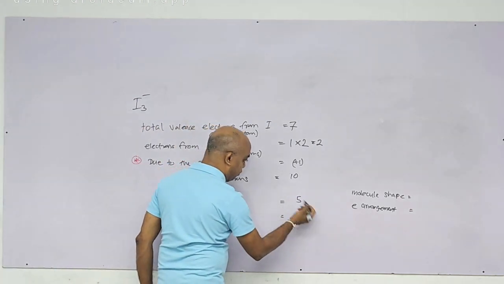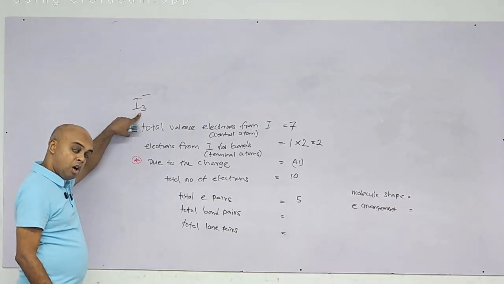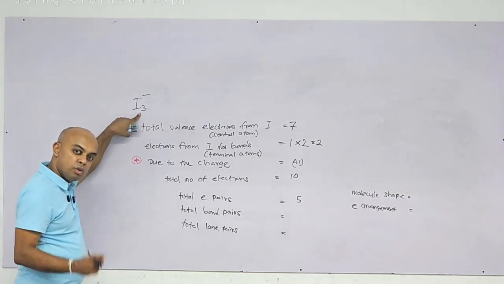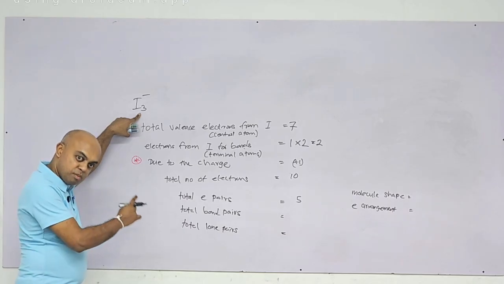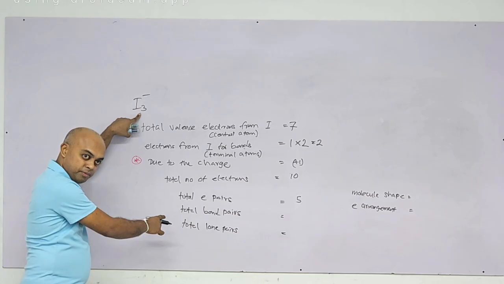Electron pairs 5. Bond pairs, how many terminal atoms do we have here? 3 or 2? 2. I told you these are the terminal atoms, right? Total number of terminal atoms, not 3. This is 2.